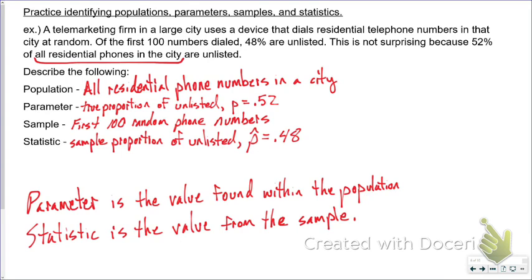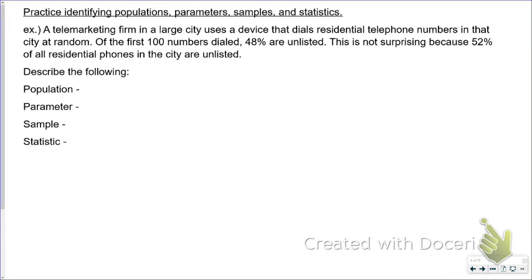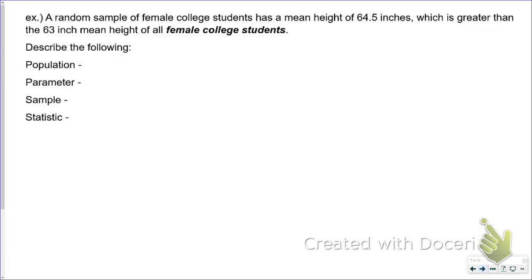So we need to be able to distinguish between the population value, which is the parameter, and the sample value, which is the statistic. And we need to be able to describe it. So let's practice another one. And I'll warn you, there's a typo in the notes. I made it bold here. So it should say that.